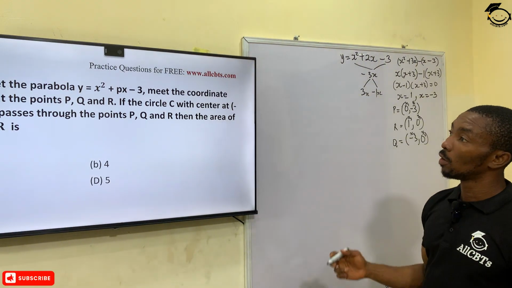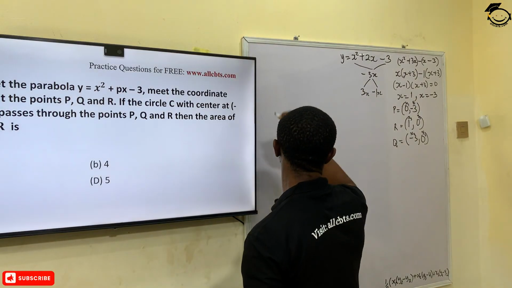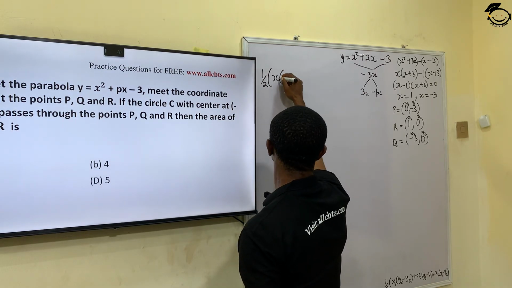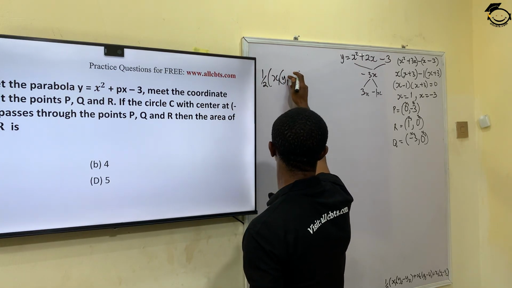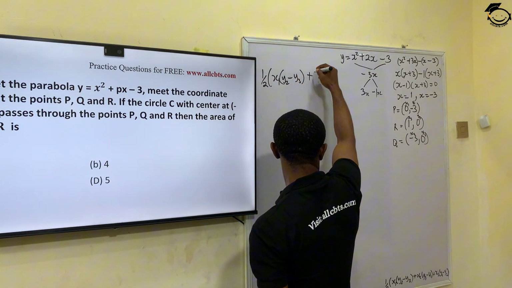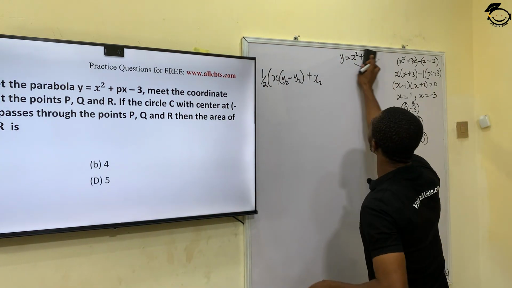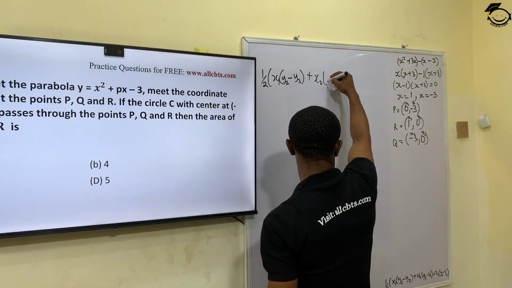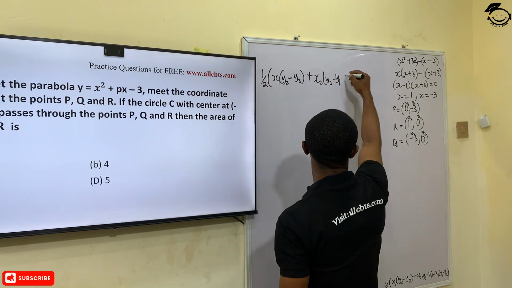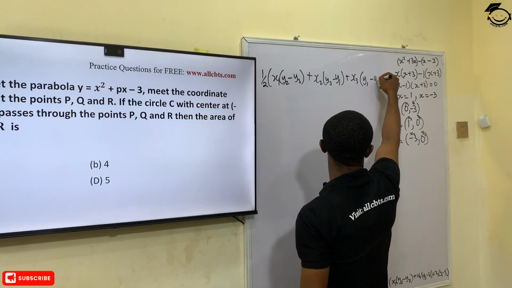All right, now, to get the area of P, Q, and R, we are going to use the shoelace formula that says half bracket x1 bracket y2 minus y3 plus x2 bracket y3 minus y1 plus x3 bracket y1 minus y2.